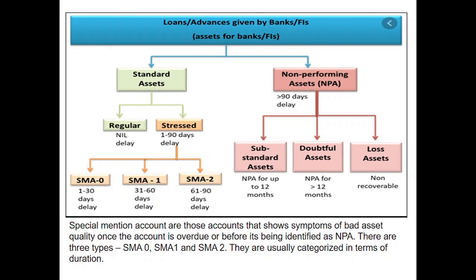So here you'll understand that total loans have been classified into two categories. One is standard asset and second is non-performing asset. Now you see, a standard asset is any asset where the loan installment is paid regularly, and even though there is a default, it is less than 90 days. So here we have classified our total loans into two categories, standard and substandard.